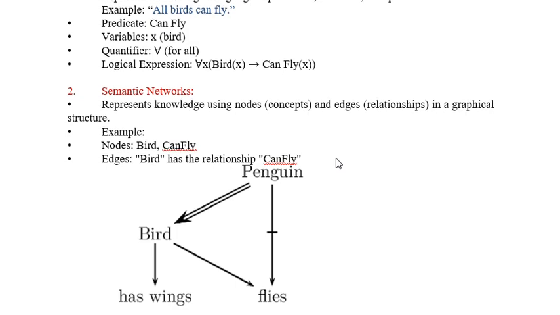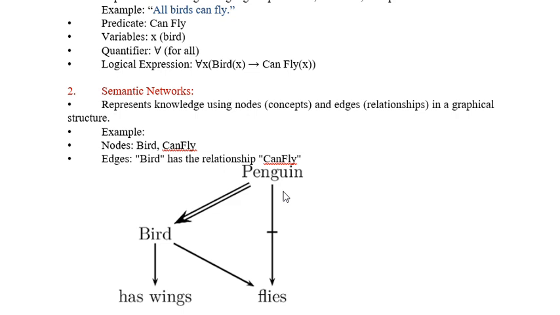So this is a sample example: birds, has wings, flies, penguins. These are nothing but the nodes, which means the concepts. The main concepts are the nodes. And the edges are the links between them. From one node to another node there is a link, and that link is nothing but the relation.